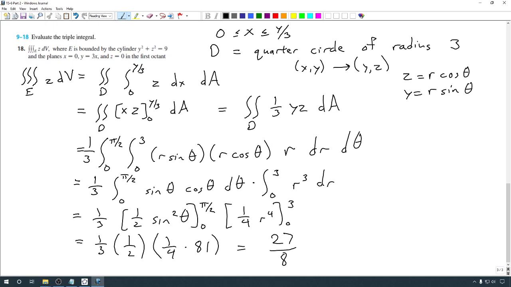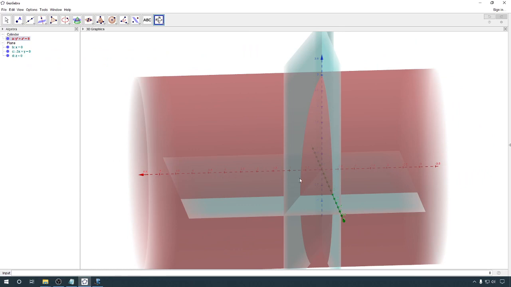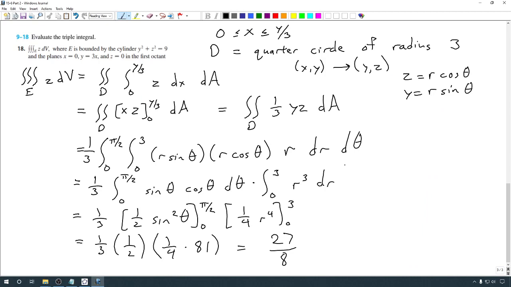That's the integral of z over this wedge. I don't know a better term for it. I'm just going to call it a wedge. But again, there are other ways of doing this.